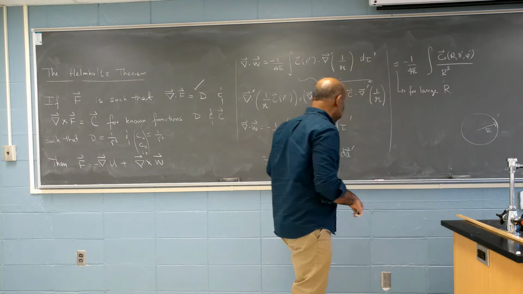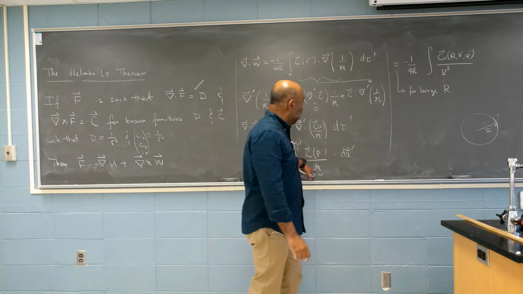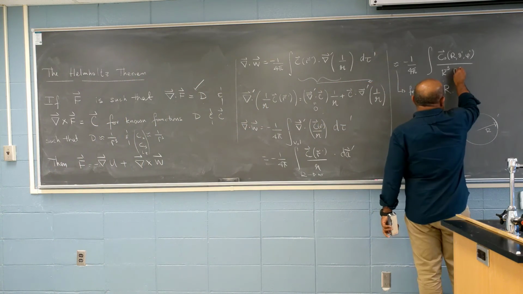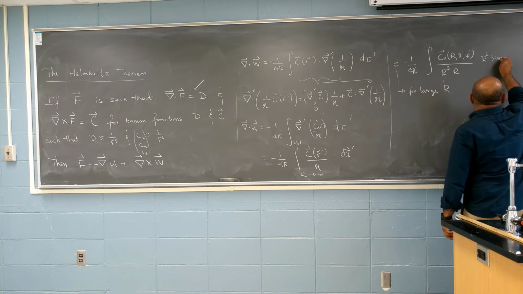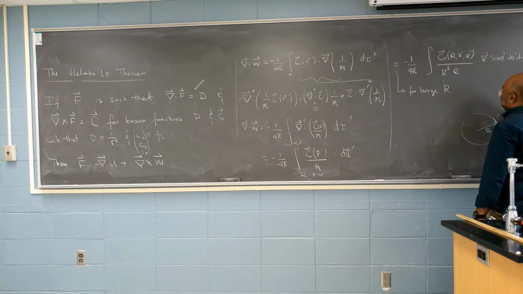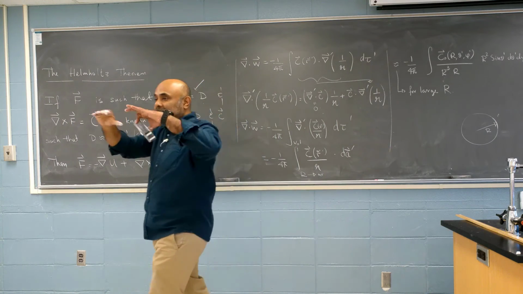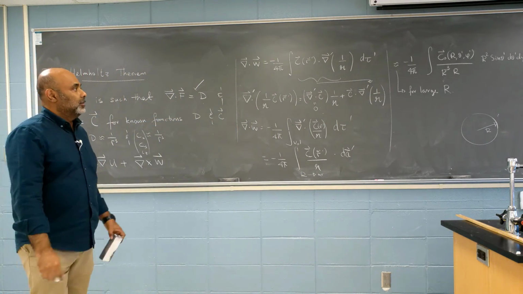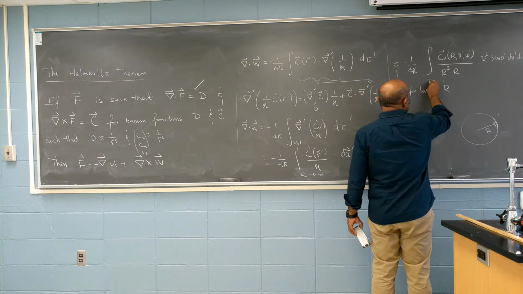We have decided that C falls off as 1 over R cubed. And there's another R over here, and then R squared sine theta prime, d theta prime, d phi prime. Remember, you're not integrating over R, you're integrating at a fixed R. And we're letting R go to infinity.